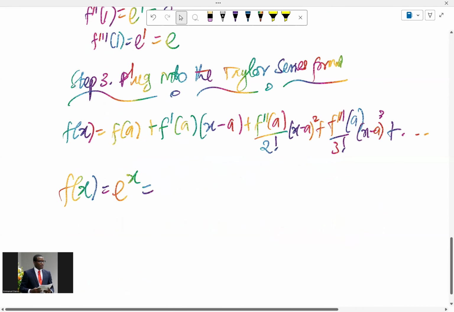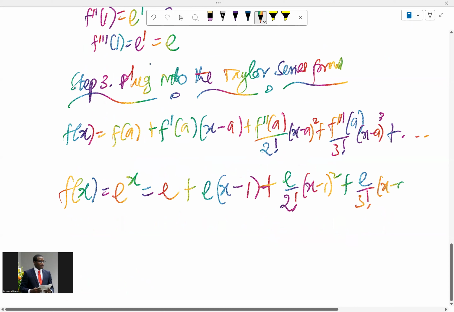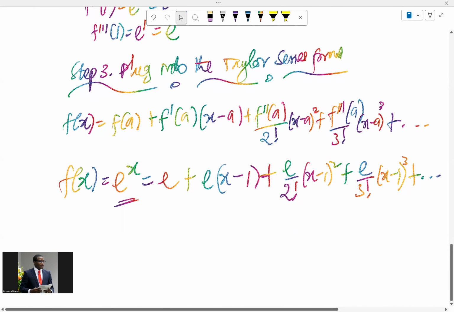So f of 1 is e, plus f prime of a is also e into x minus 1, plus again f prime prime of a is actually e over 2 factorial into x minus 1 squared, plus again e over 3 factorial, then x minus 1 cube, plus every other thing that follows. So that is what we expect for e raised to power x for Taylor series centered around 1.